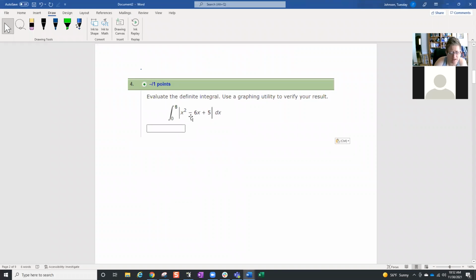As I'm looking at this particular parabola, I know that the vertex is at negative b over 2a, which is 6 over 2, which is at 3. So this goes from 0 to 8, but what I know about this is it's a parabola because it's x squared, and it opens up. So the graph opens like this. My vertex is at 3.